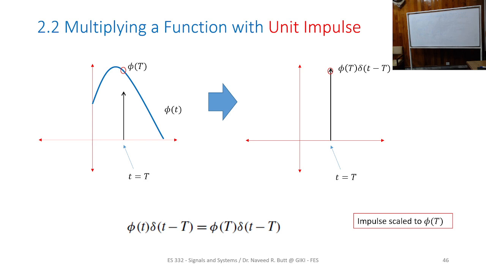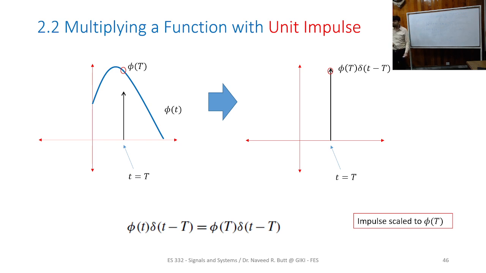Notice when we say delta t equals 0 at t not equal to 0, what are we saying about delta t minus T? What will its formula be? If delta t equals 0 at t not equal to 0, now what is the formula for this thing?